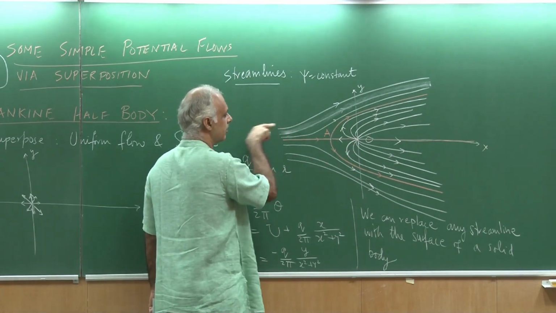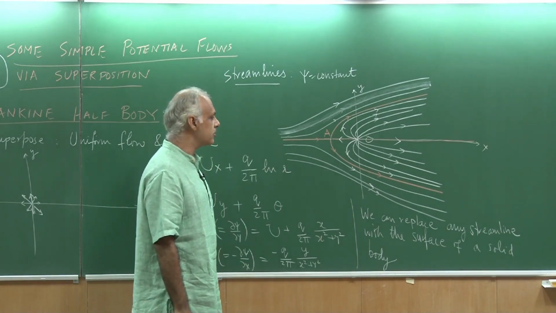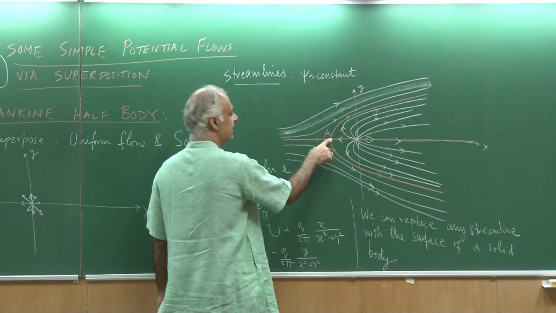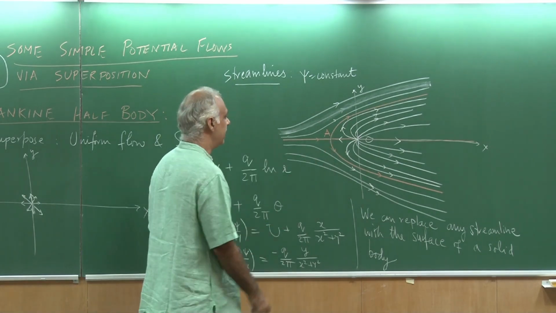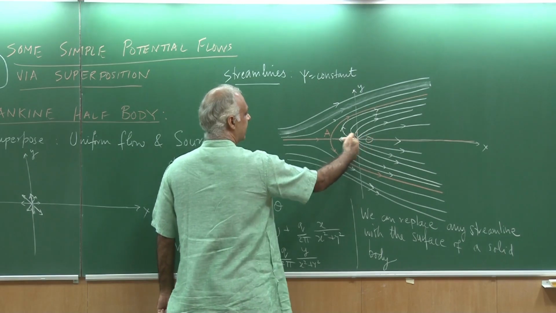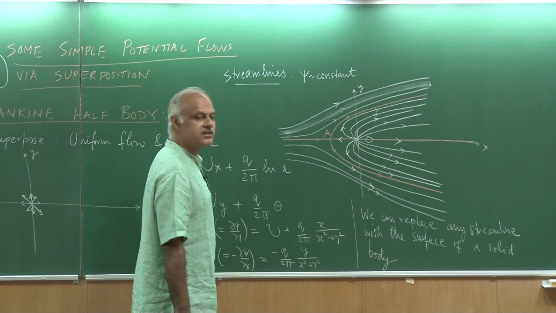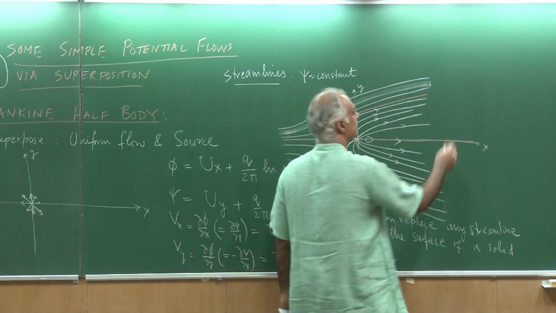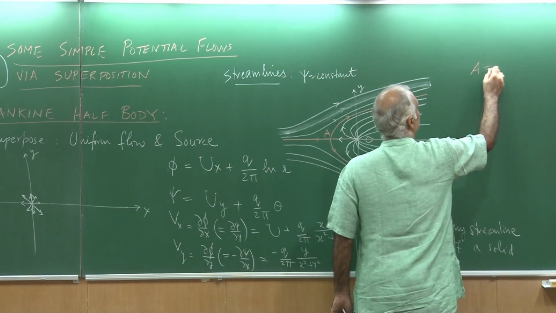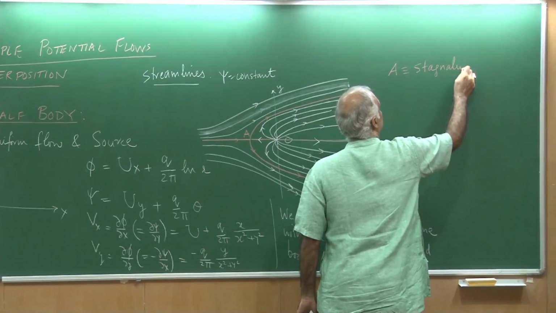But then there is another fluid coming in with a uniform speed, uppercase U, and somewhere this fluid would come to rest, okay, at this point, because there is a radially outward flow and this one is trying to push it towards the origin. So A is known as the stagnation point. So A corresponds to the stagnation point.